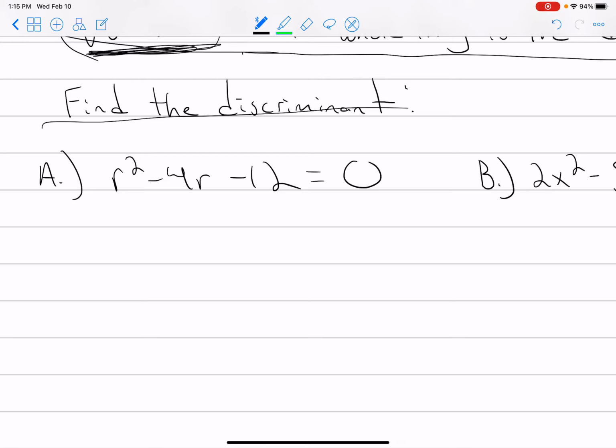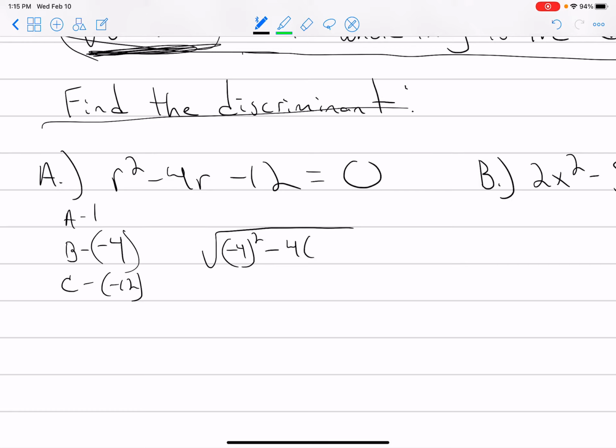So you said, okay, I need an A, B, and C value. A is 1, B is -4, and C is -12. Okay, so b squared, so -4 squared minus 4 times A times C, okay?